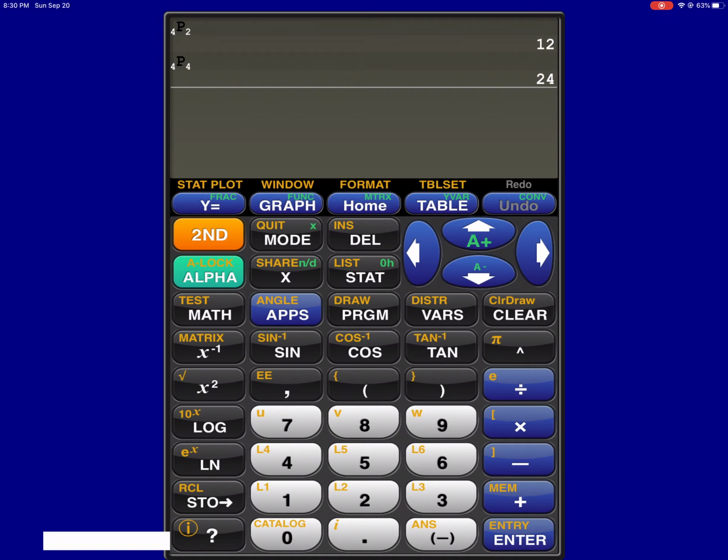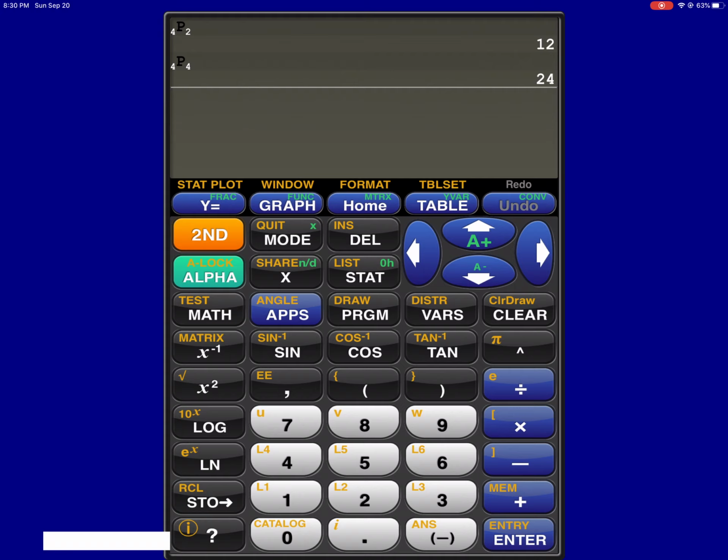You always have the bigger number on the left. If your bigger number is on the right, you're going to get an error. The left number is always the total, and the right number is how many you're choosing. The two numbers can be the same if the total and what you're choosing are exactly the same, but you're never going to be able to choose more than your total.